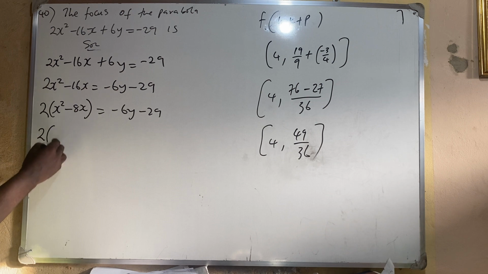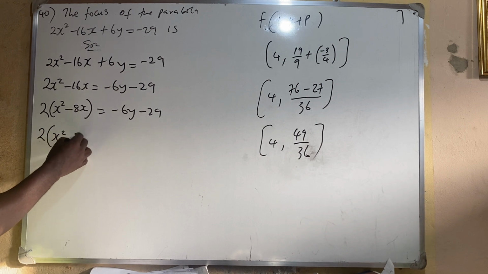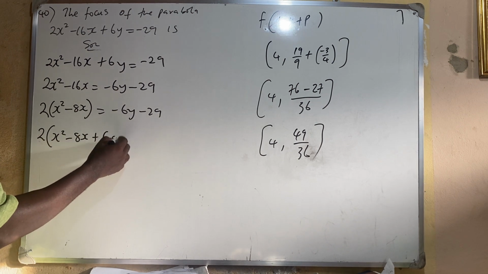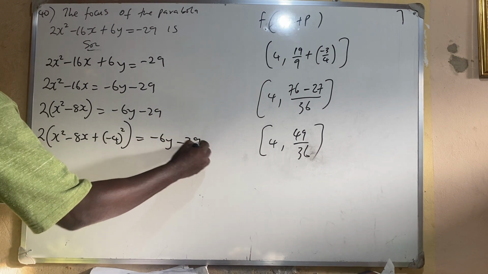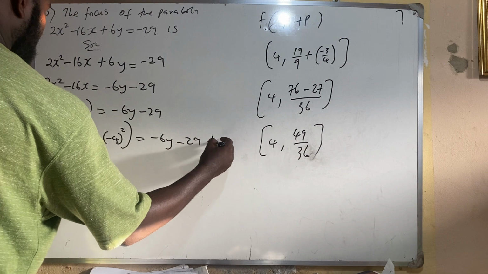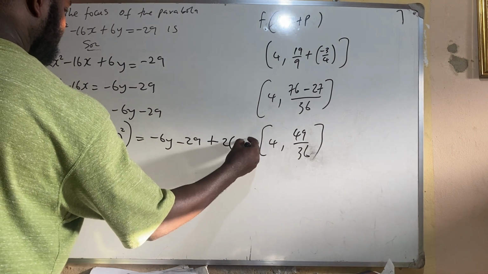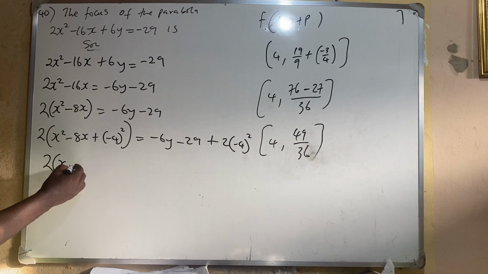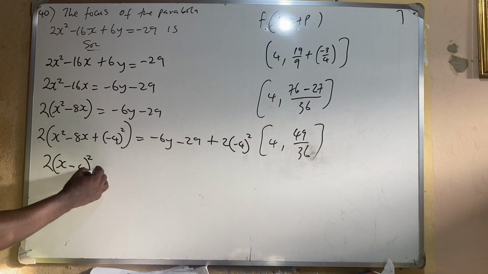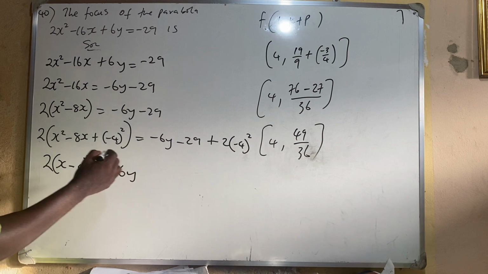So I'm having 2 in bracket of x squared minus 8x plus in bracket of minus 4 all squared is equal to minus 6y minus 29 plus 2 in bracket of minus 4 all squared.